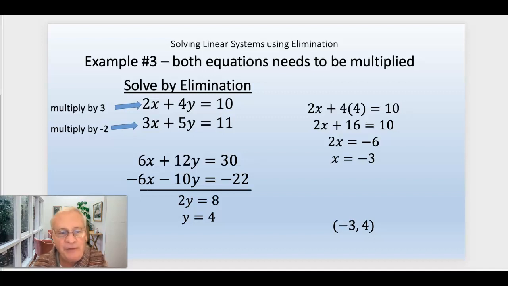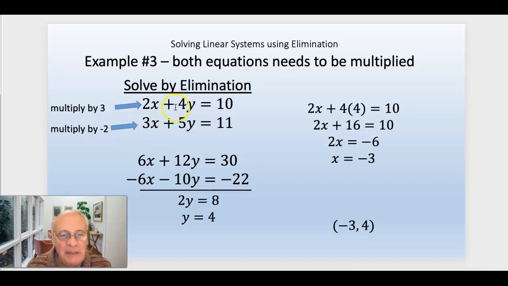Example number 3 is when both equations need to be multiplied by some number to create an additive inverse. Again, we are forcing an additive inverse so we can eliminate a variable by adding up the equations. Here it's 2x and 3x, so let's multiply this top one by 3 and the bottom one by -2.